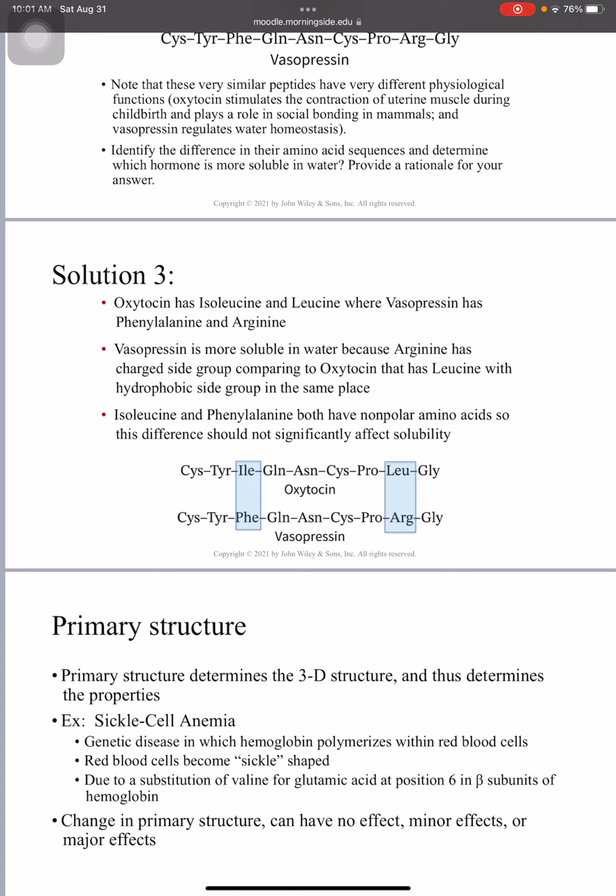So that's just one example of how even a single amino acid residue can change the properties of a protein or a peptide in this case, right? In this case, the solubility has a lot to do with it.